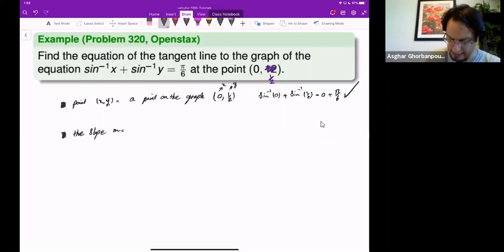But the second thing that we look for in the tangent line case is the slope, and we always find the derivative of the function at that point.